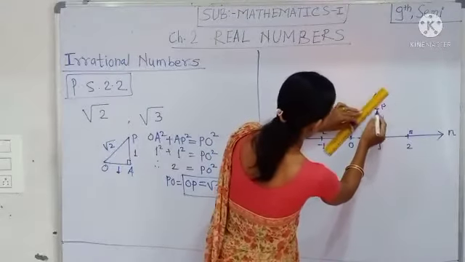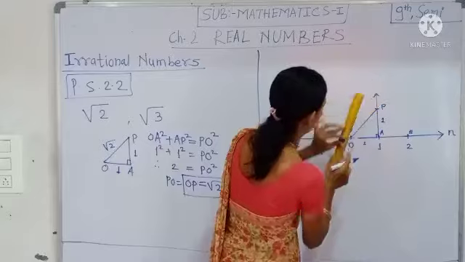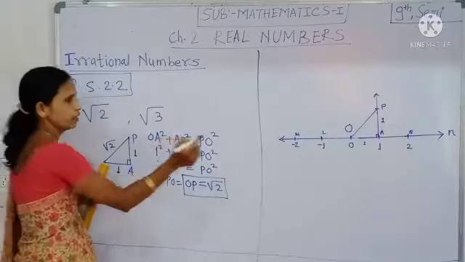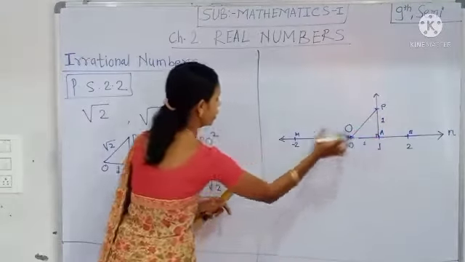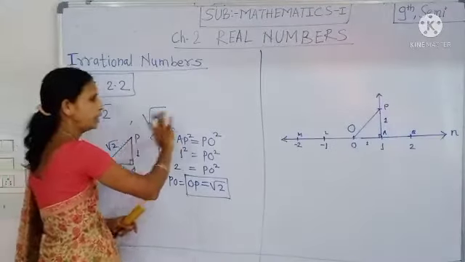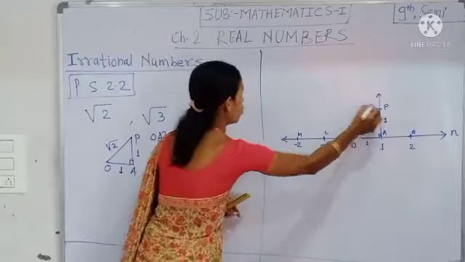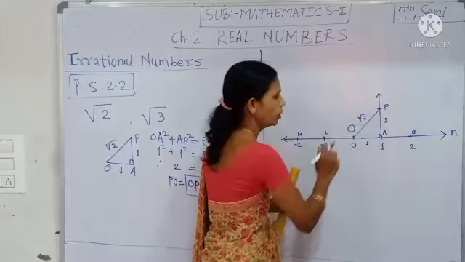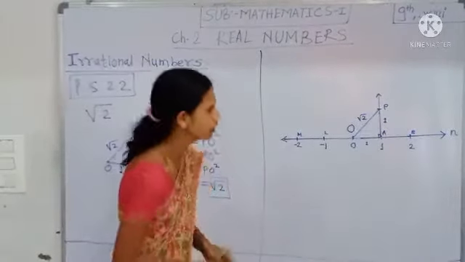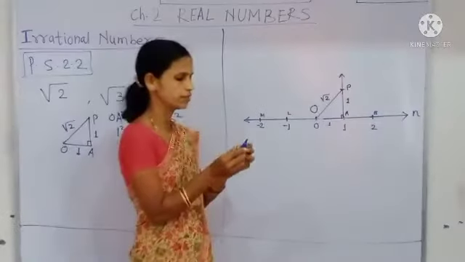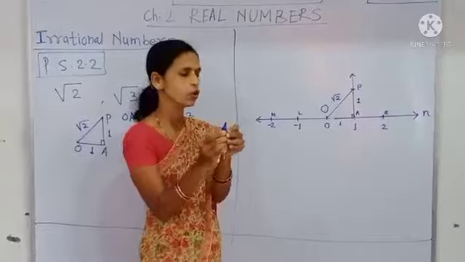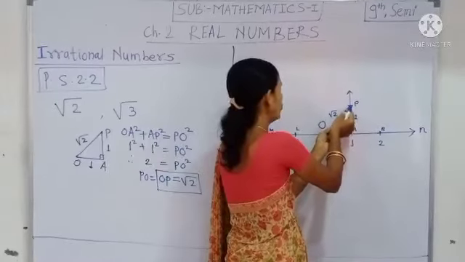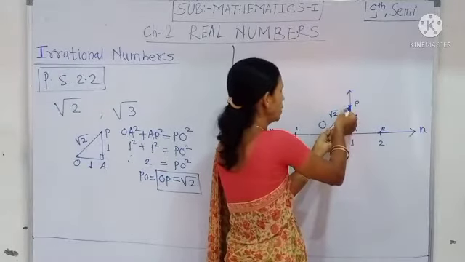Then we have to draw the segment OP. OAP is a right angle triangle. Here OA is 1 unit while AP is 1 unit, and therefore the distance OP is square root of 2. Then using a needle compass, we take the distance equal to OP.